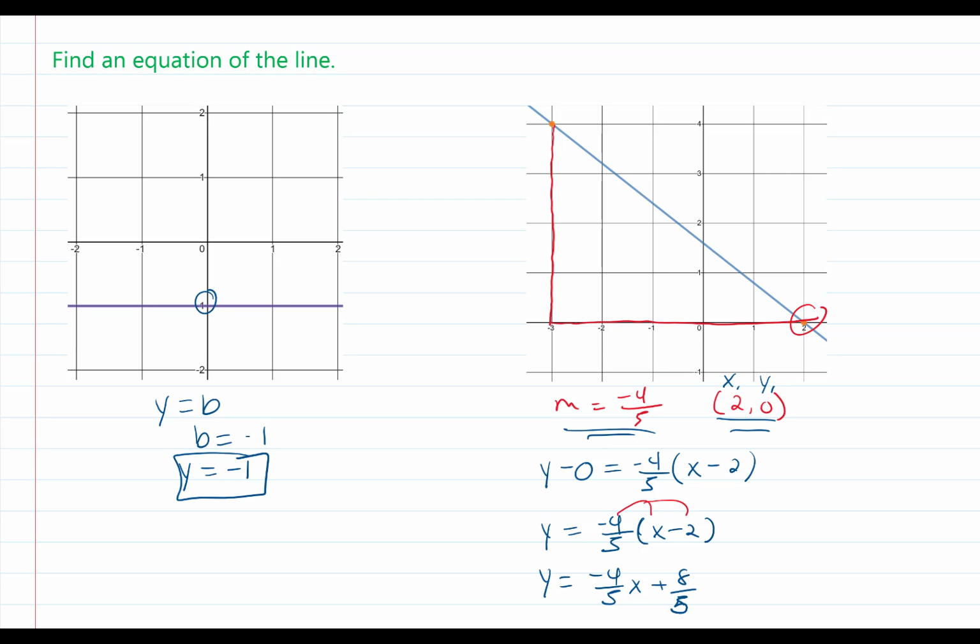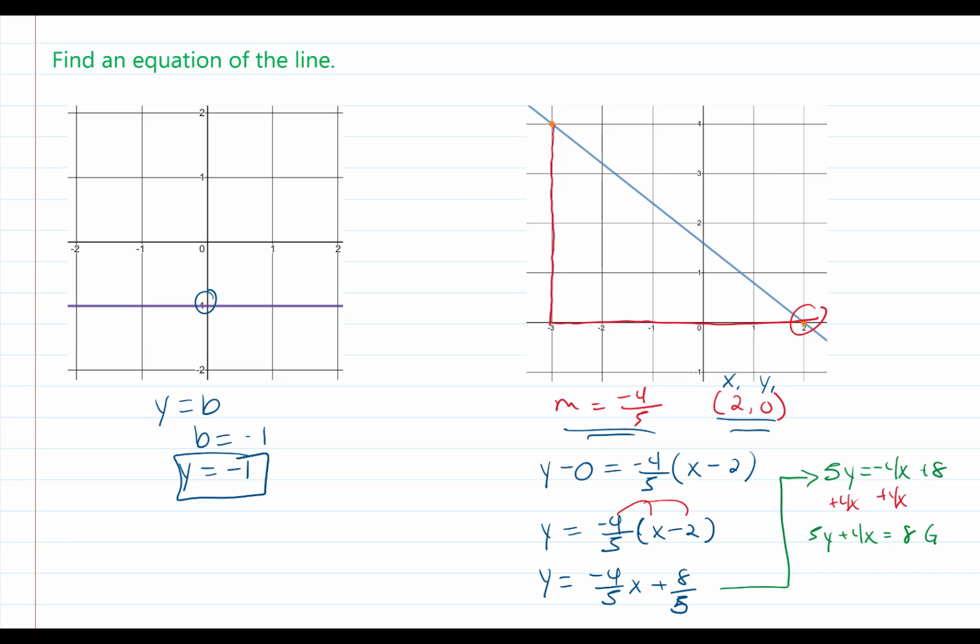And if you do that, you're going to get this new equation of 5y is equal to negative 4x plus 8. And then if you'd like to convert it to general form, remember general form has the x term and the y term on the same side of the equal sign, we can go ahead and add 4x to both sides. So therefore my general form is 5y plus 4x is equal to 8.